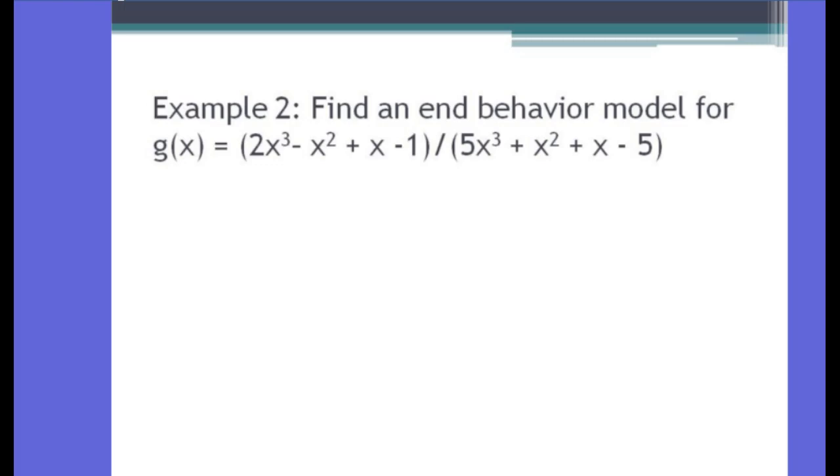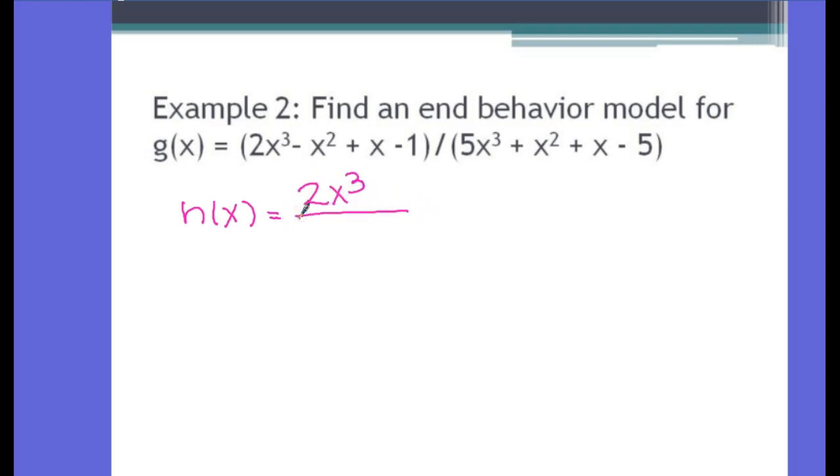We have g of x. The end behavior of a polynomial acts like the biggest monomials. So what is the largest monomial from the numerator? It'll be 2x cubed.